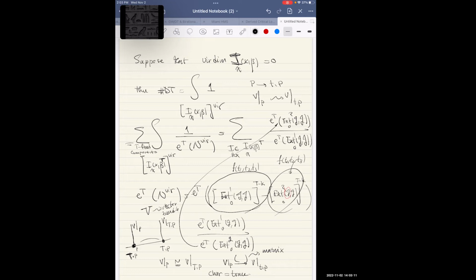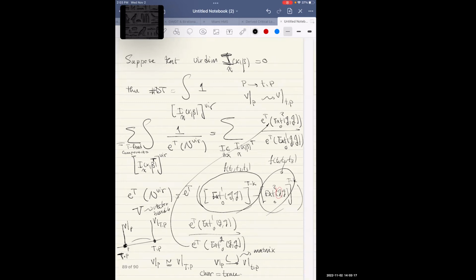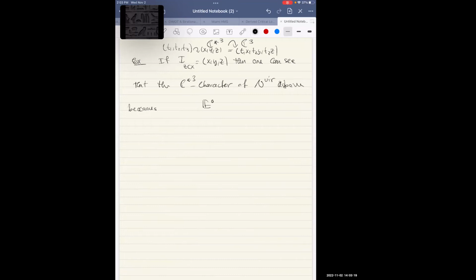Now I have an object which is not a vector bundle, but it's sheaves. So this object is E dot. It has two cohomology sheaves. Its H0, E dot dual, for instance, is a sheaf, and its H1 is a sheaf.